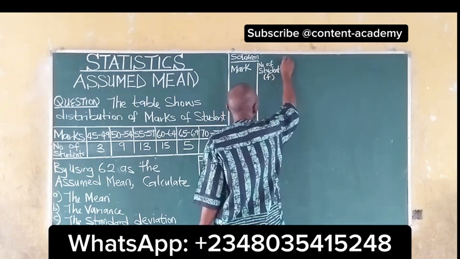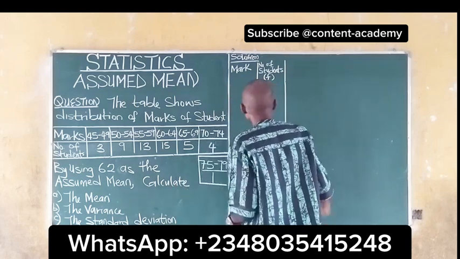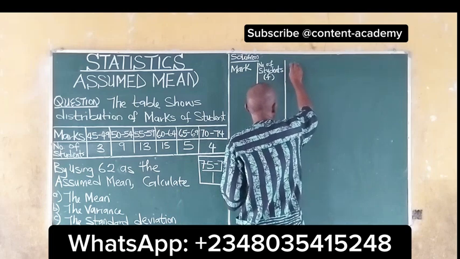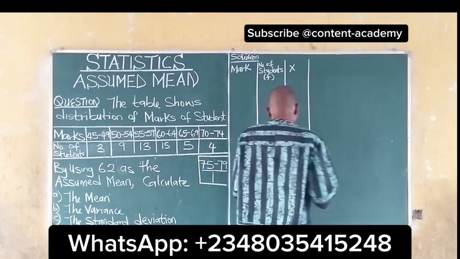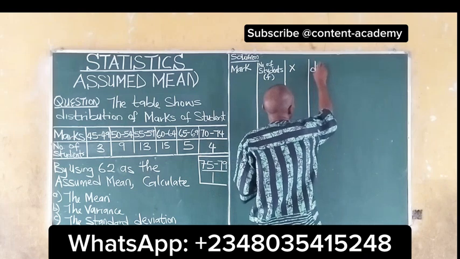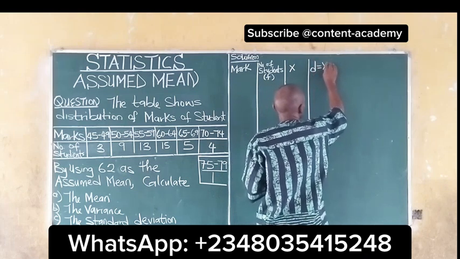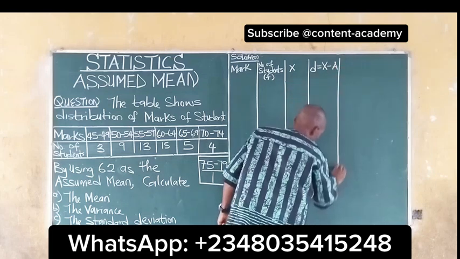This is our f values, our frequency. The next thing we'll have is our x values. We'll also have our values for the difference, which is x minus a, where a is the assumed mean.